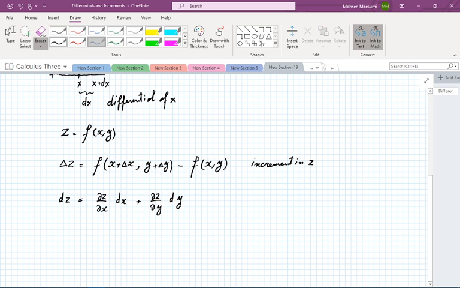Let's go ahead and get a sense for what this formula says. What does it try to show? So this is the differential of z, or sometimes referred to as the total differential.